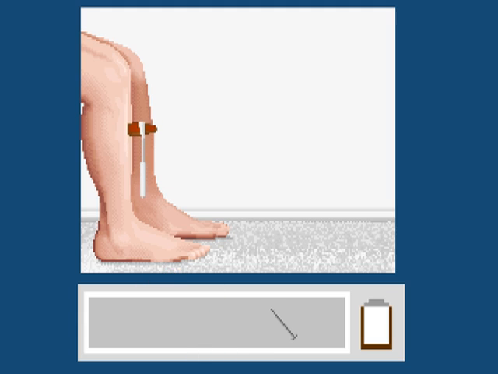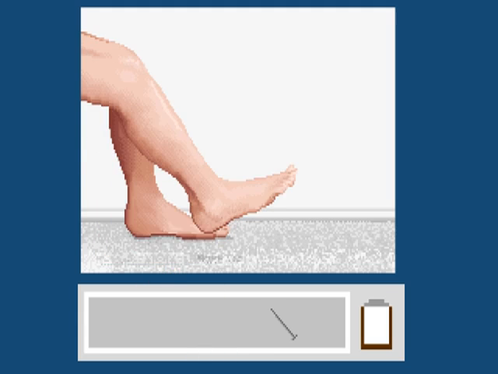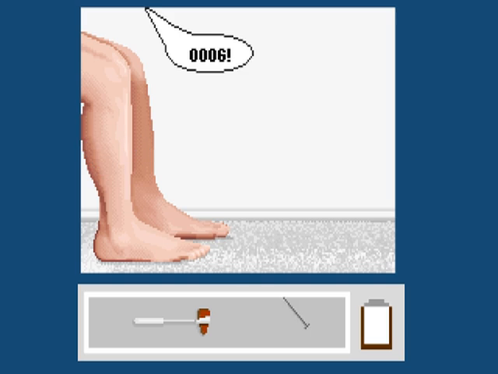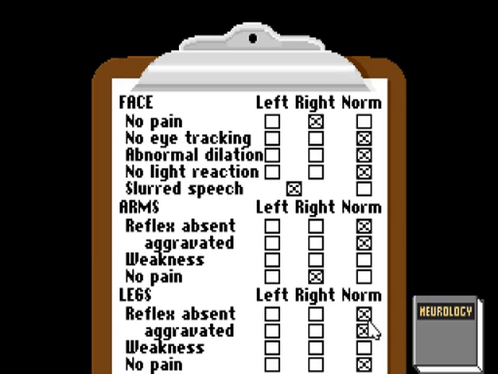I guarantee he's gonna have no pain. One more time. Yes, so you figured this out, but it checks it off as you do it, so you do have to do it.